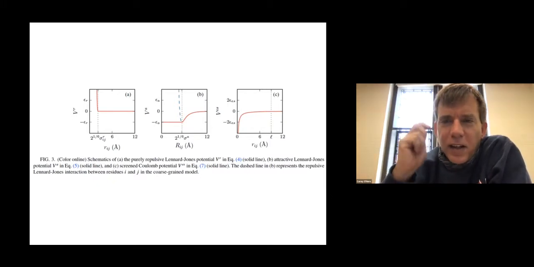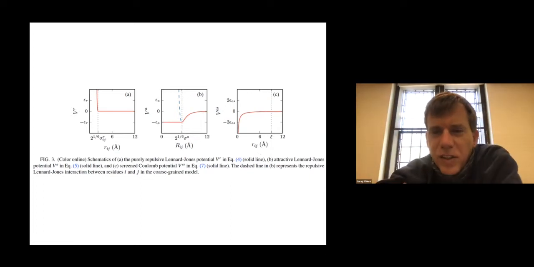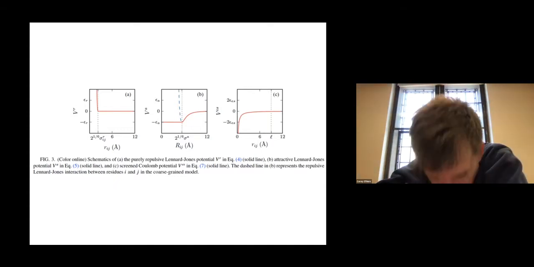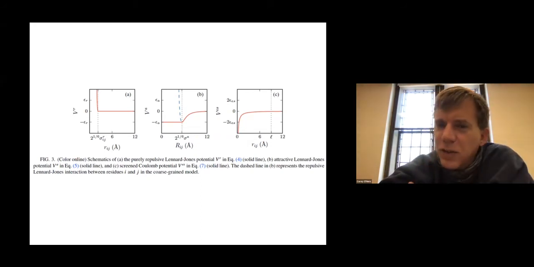Then you can add to that, in panel C, the charged interactions. And you see that charges with different signs will have an attractive interaction, and that's why the slopes for this interaction are positive.